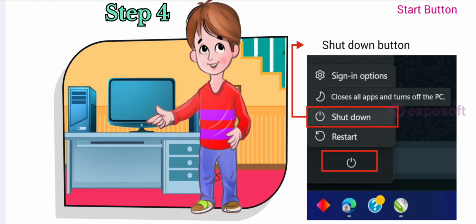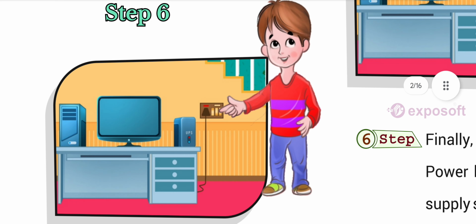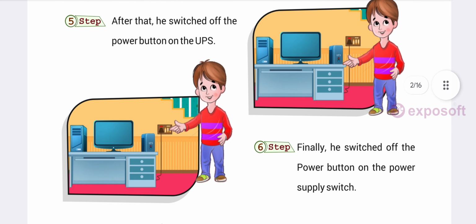Step 4. Switch off the power of the monitor. Step 5. Switch off the power button on the UPS. Step 6. Switch off the power button on the power supply switch. This is the way how to switch off a computer.